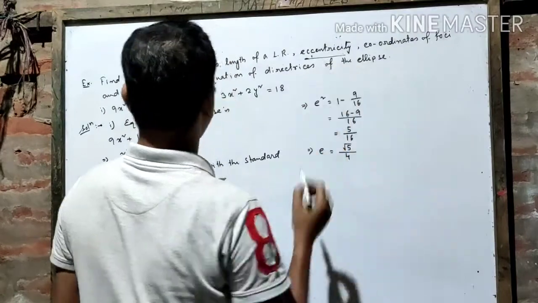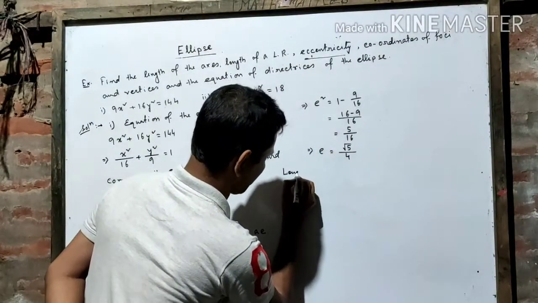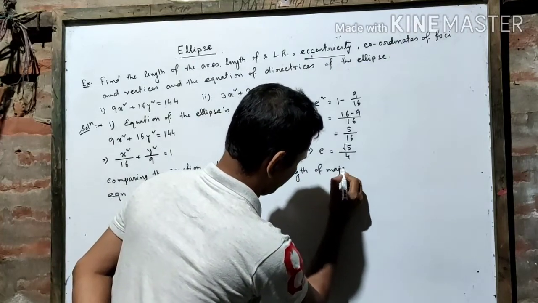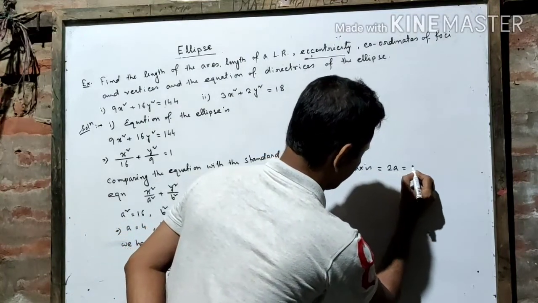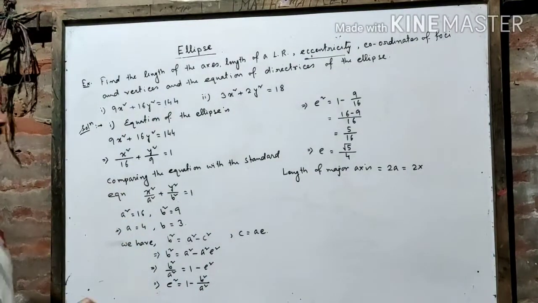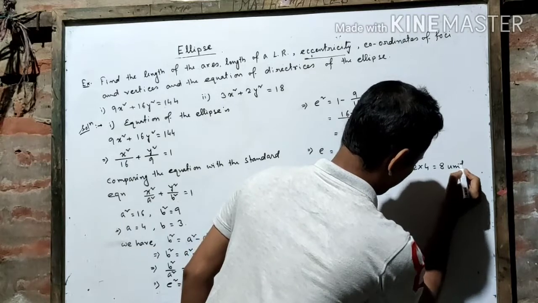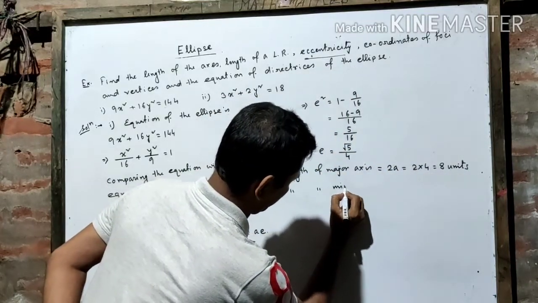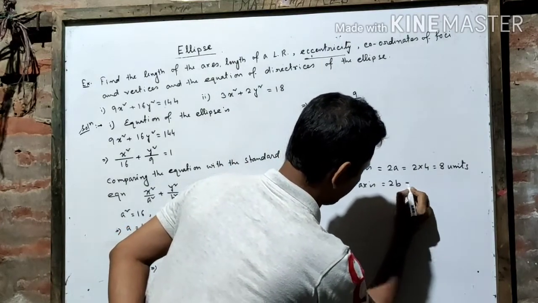Okay, then the length of axis. Length of major axis is equal to twice a is equal to 2 into, what is a? a is 4, 2 into 4 is equal to 8 units. Length of minor axis is equal to twice b is equal to 2 into 3.